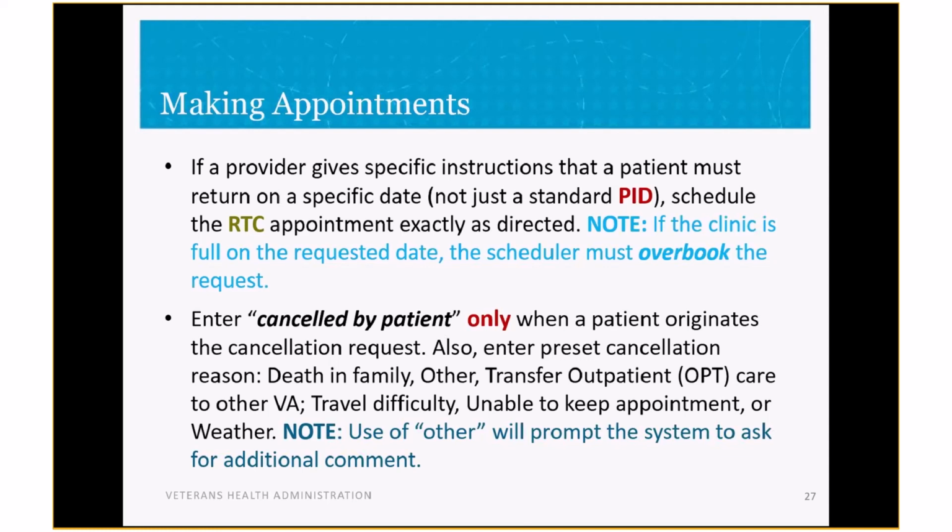Okay? And just like when you cancel an appointment by clinic, you'll have to pick a more specific reason why the appointment was canceled. You have preset options that you can choose from, and the system will additionally allow you to free type in answers at a later time.